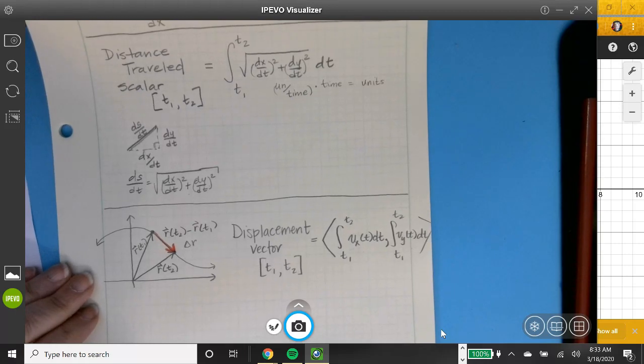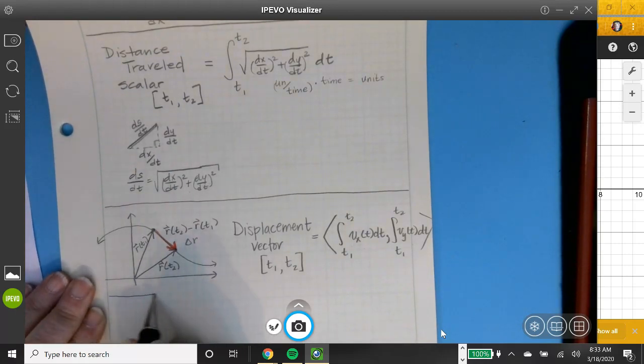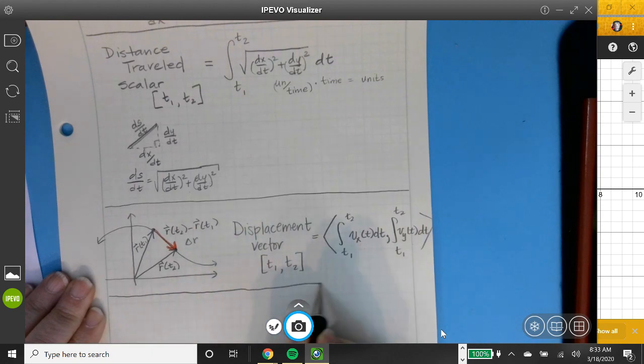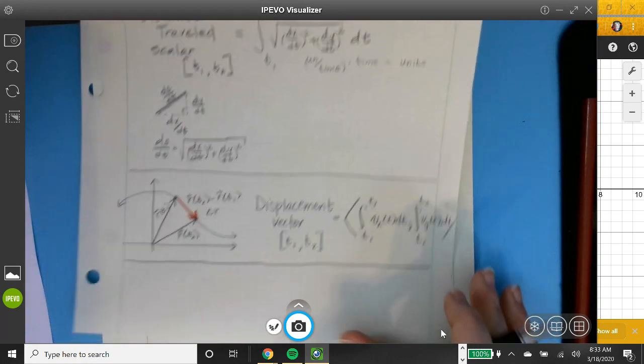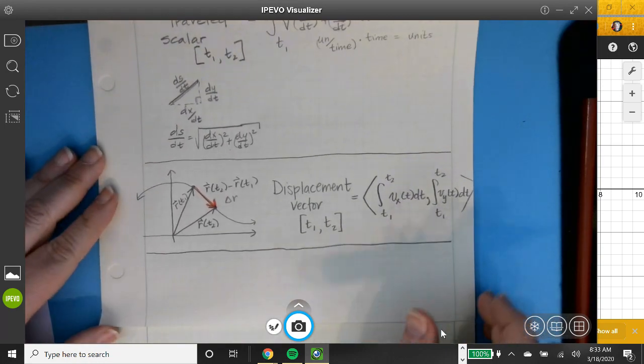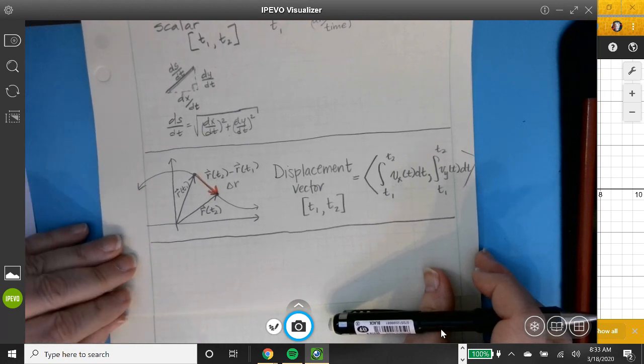Okay. All right. Last thing I want to say about the calculus of vectors is oftentimes we need to talk about, if I'm given the velocity, how do I find the position vector? Okay.